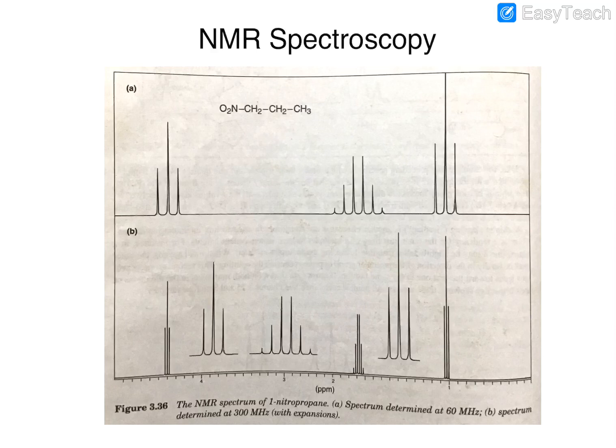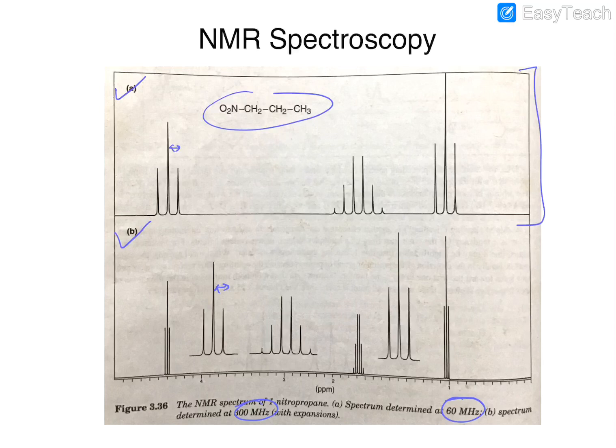Alright, let's take an example of some spectra that have been recorded. Here you've been given two spectra, A and B, of the same molecule recorded at two different operational frequencies. The first one is recorded at 60 megahertz and the second one at 300 megahertz. If you compare the distance between the individual peaklets at 60 megahertz with the expanded version at 300 megahertz, you would see that the values of this difference happen to be exactly the same.